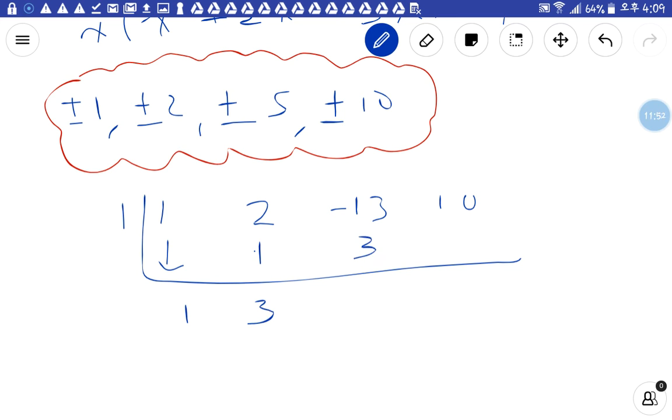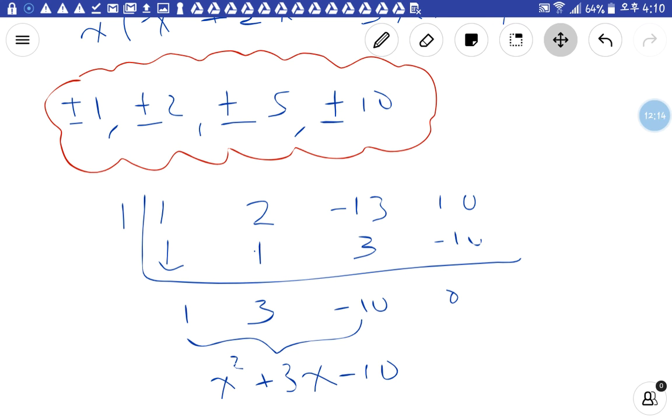I got 3, negative 10. Okay, so I got my remainder as 0, which is good because I got my root, which is 1. Now what? I can understand my 3 numbers as a quotient. What would it be? x squared plus 3x minus 10, right? So let me rewrite this one down again.